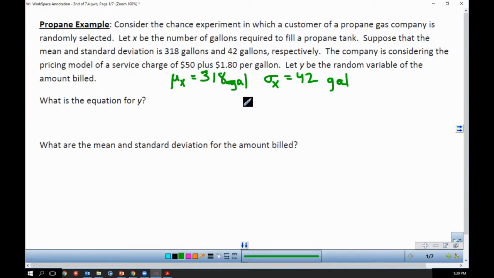What would my equation be? Yes, but let's write that switched around. That way we have the A plus BX format. So we're going to say Y equals 50 plus $1.80 times X.